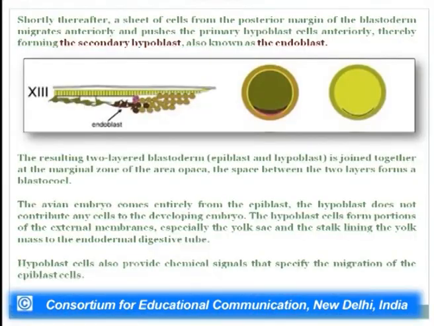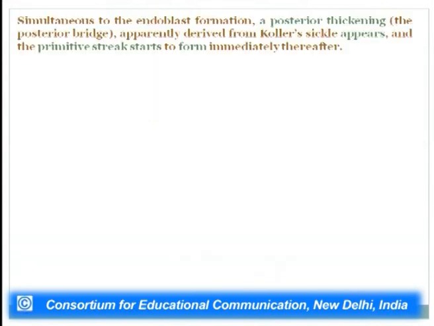Another important function of the hypoblast cells is that they provide chemical signals that specify the migration of the epiblast cells. So, it gives a kind of stimulus or signaling by which the epiblast cells specify where they have to migrate and what final positions they have to take, but the hypoblast cells themselves do not form any part of the embryonic region.